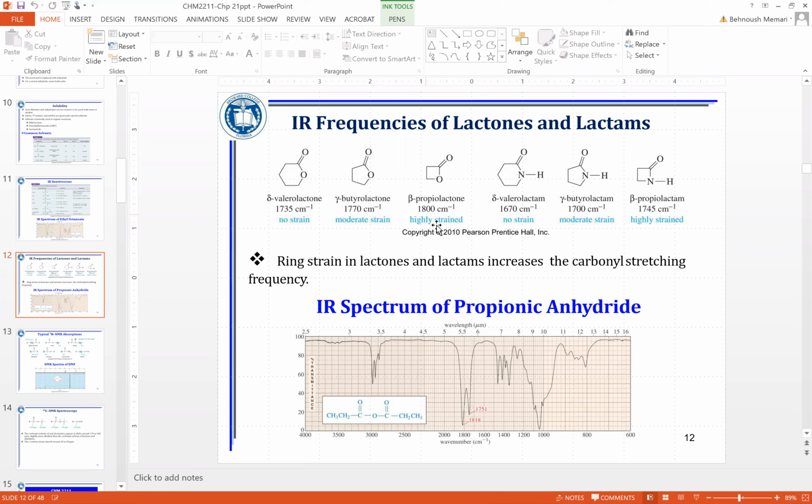So the ring strain is going to increase the frequency for the carbonyl stretch. Just keep that in mind. Even for the amide, if you have a 4-member ring, it's going to be higher than 1700. For a 5-member ring it is 1700, but for a 6-member ring it is 1670.